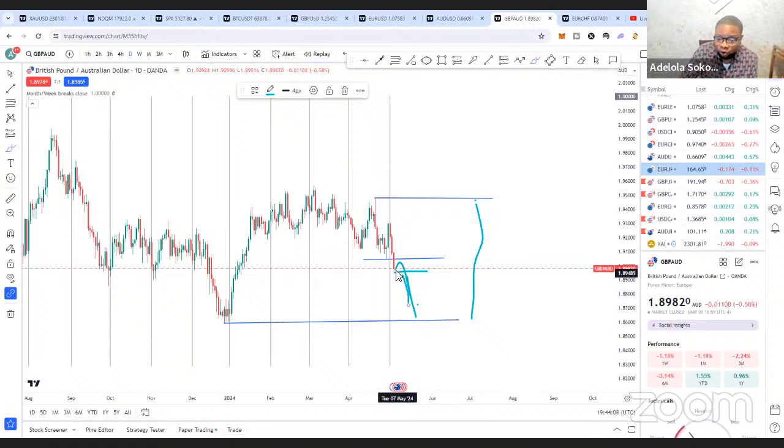If you are following this instrument and you notice that price just broke support at market open, just leave it alone. That's the way I trade though, because this market has taught me a lot of lessons. It has taken a lot of my money, so I'm wiser now. I don't chase it. I'll wait for it. If it doesn't do what I expect it to do, I'll just let it go. There will be another day.